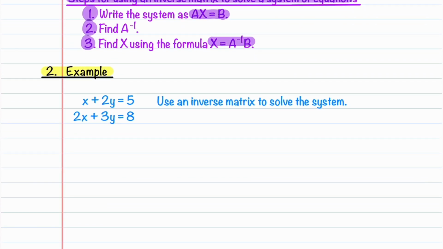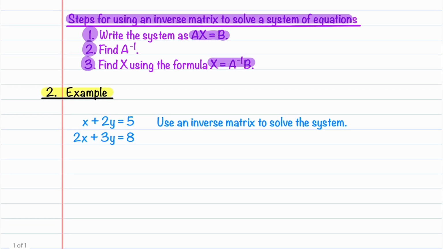Let's now walk through an example. I've written down a system of equations with two variables and two unknowns, and we're going to use an inverse matrix to solve this system. Let's start with the first step that's written up above. We are going to write our system as A times X is equal to B. Our A contains the coefficients that multiply X and Y, and that's 1, 2, 2, 3.